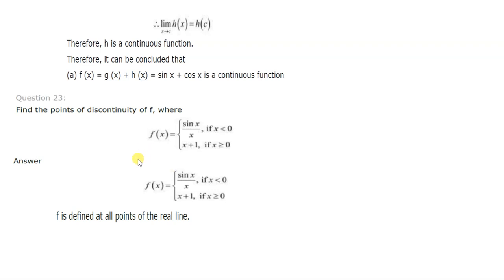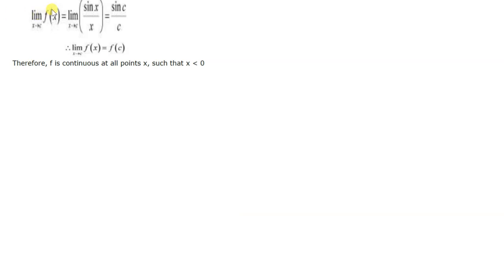Now let us check its continuity for the points less than 0 first. Let c be any real number which is less than 0. Then for the points less than 0, the function is defined as sin x upon x. So f(c) is equal to sin c upon c. Now the limit of f(x) as x approaches c will be the limit of sin x upon x as x approaches c, because f(x) is defined as sin x upon x for points less than 0.